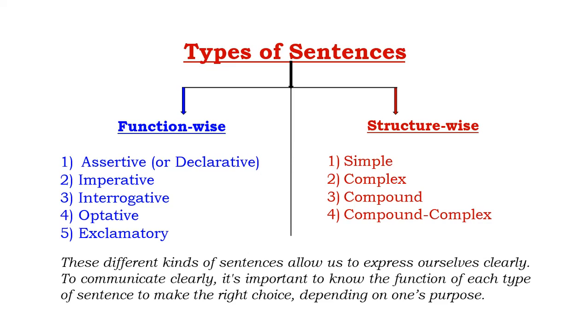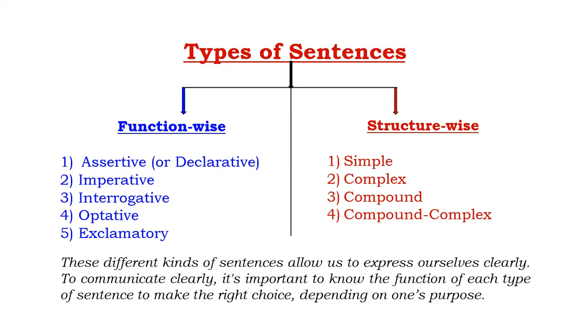So to describe sentences, number 1, function wise, sentences are divided into 5 kinds. It's important to tell you here that at some places and in some books you may find that sentences are divided into 4 types, but it does not matter. It will not be incorrect even if you say or write 4 types.